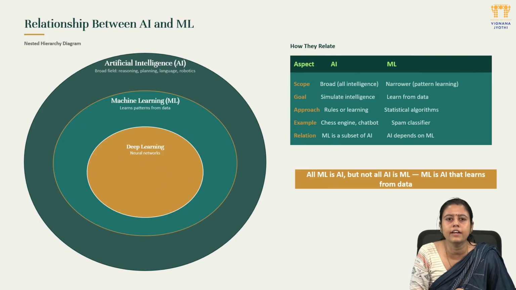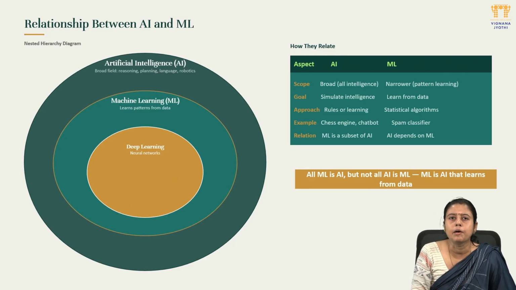What is machine learning? Machine learning means it will learn from the data, from the input. The data may be tabular data, image data, or anything. The machine will learn, it will process, and it will give the output. So machine learning is nothing but a subset of AI.